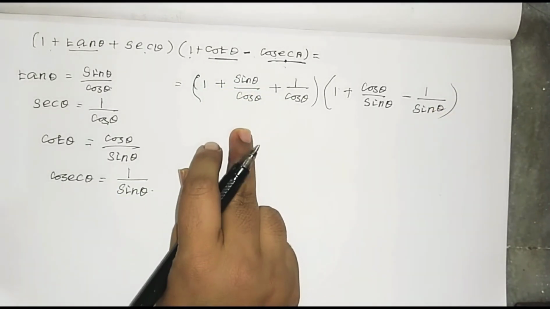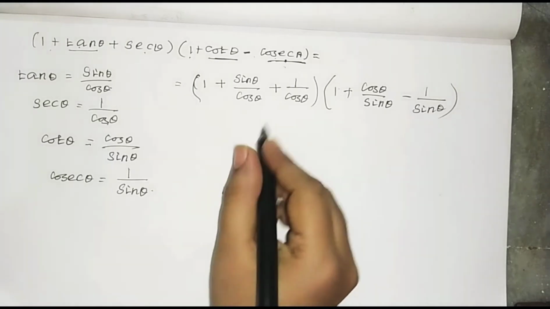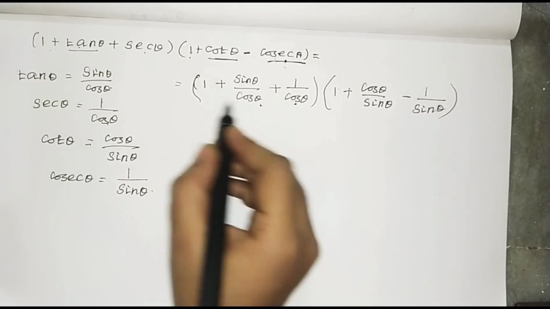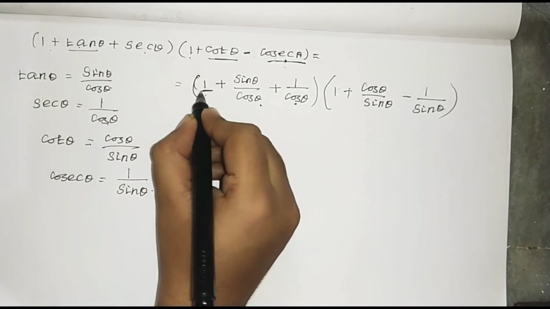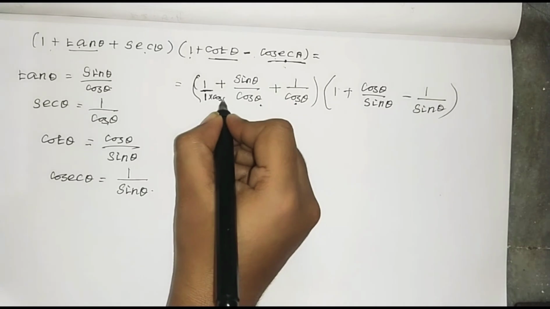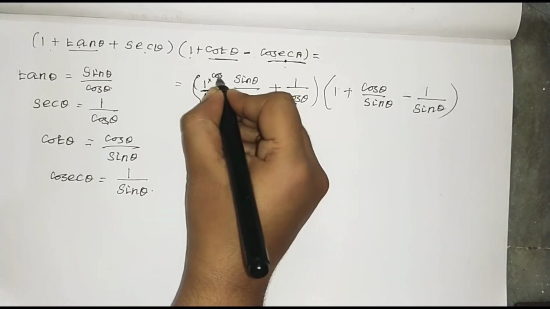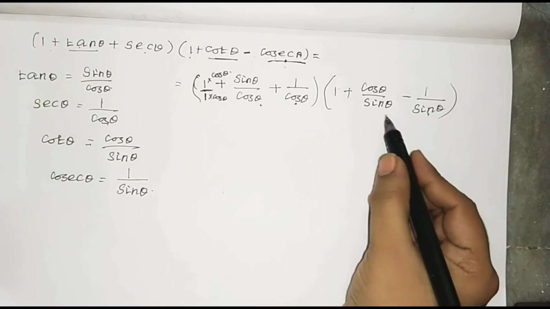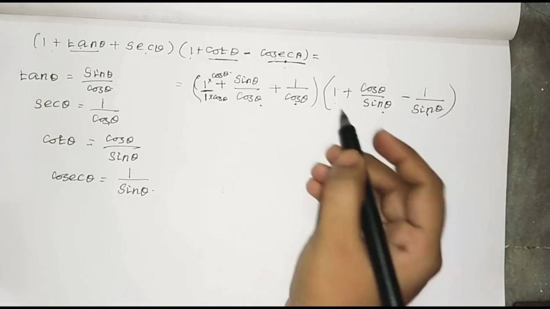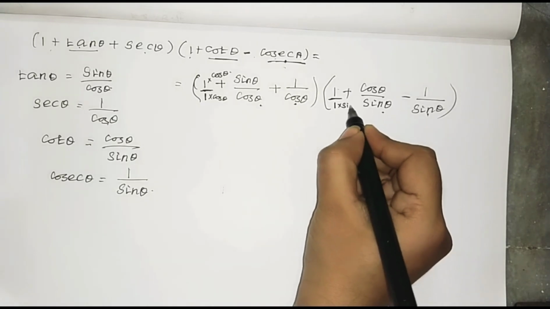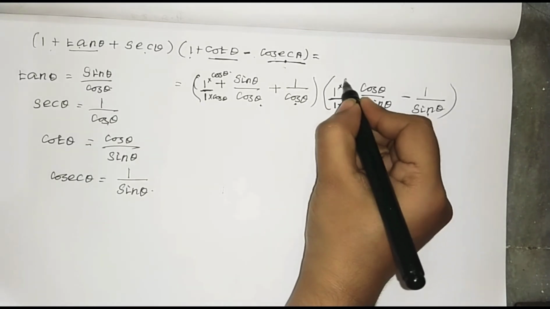Now I am taking the LCM for both the brackets. Here the denominator is cos theta, here also the denominator is cos theta, here there is no denominator. The first step you can write 1, then multiply cos theta in numerator and denominator. Here the denominator is sin theta, here also sin theta, here there is no denominator, so write 1, then multiply sin theta in denominator and numerator.